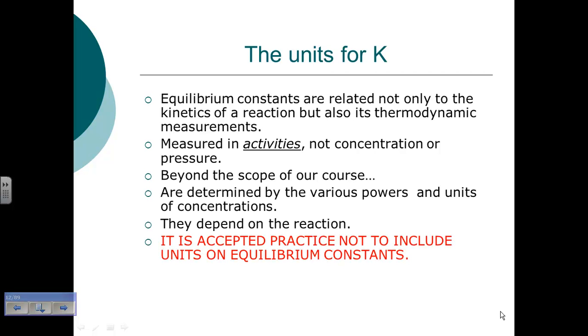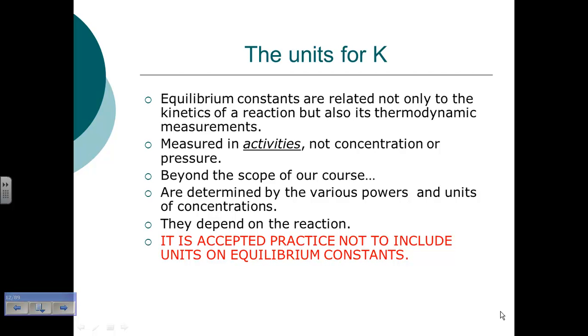Technically, these do have thermodynamic measurements, measured in activities, not necessarily M concentration units or atmospheres of pressure. That's beyond the scope of this course, and beyond the scope of any master's level course I've ever had. It's just common practice to say there are no units on an equilibrium constant.